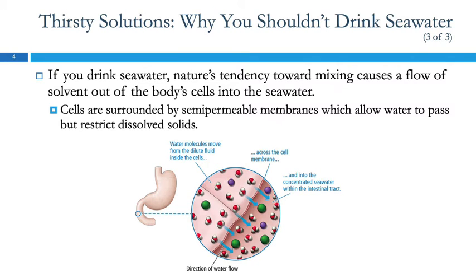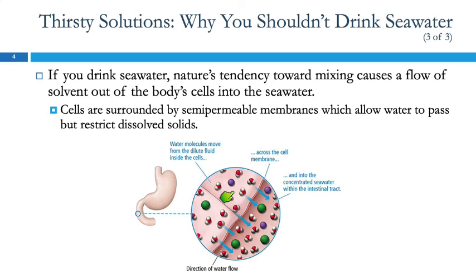So if you drink seawater, what happens is, down in your intestines, the inside of your intestines and the outside are separated by a cell membrane. So here you have water molecules in your cells, and here you have the more concentrated salt water that you've swallowed.